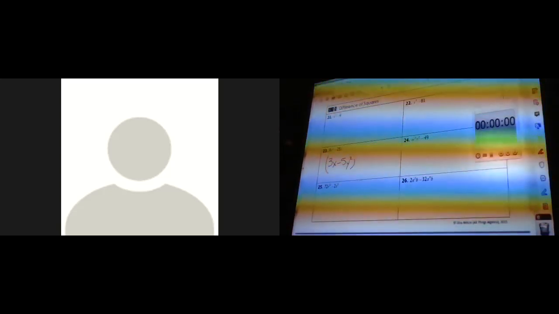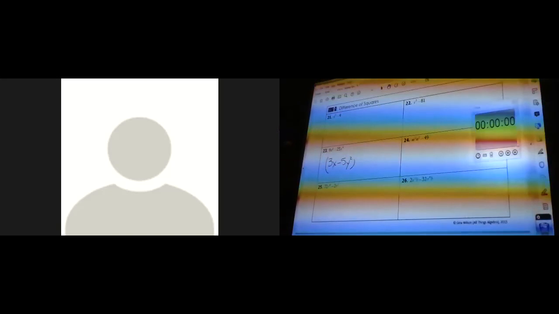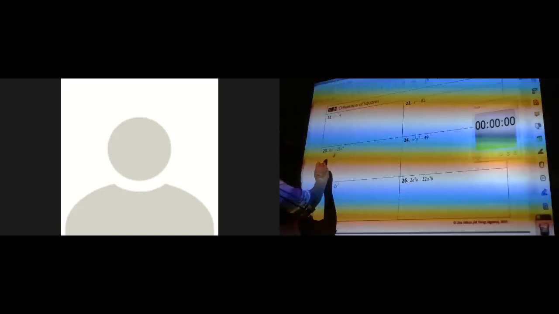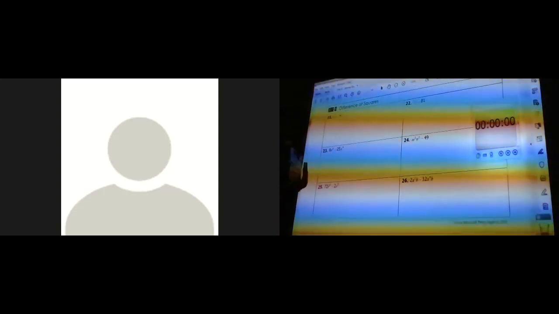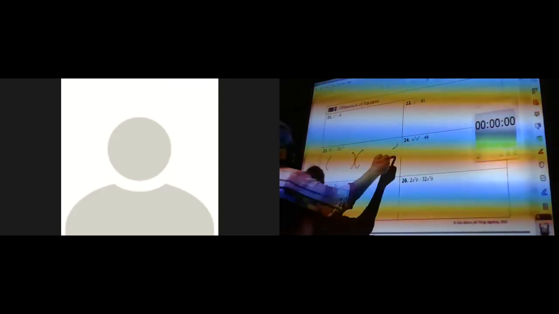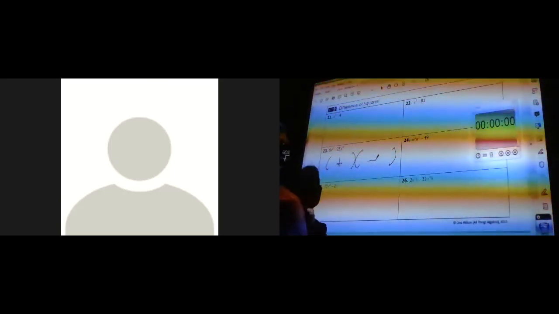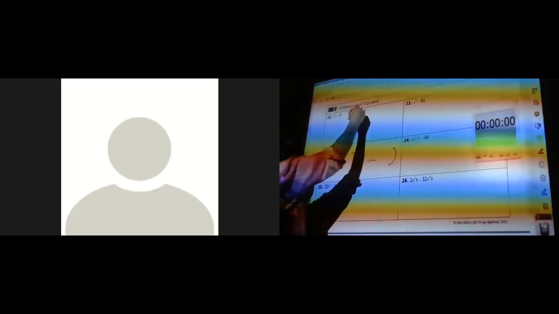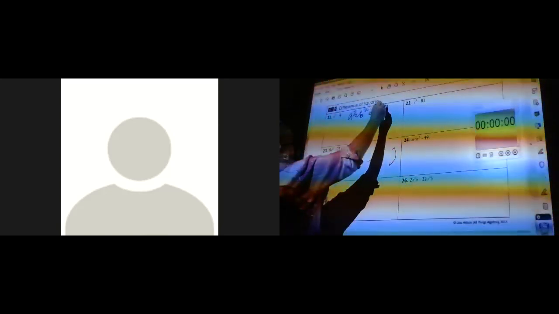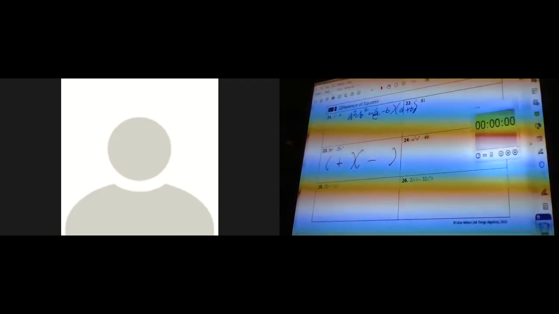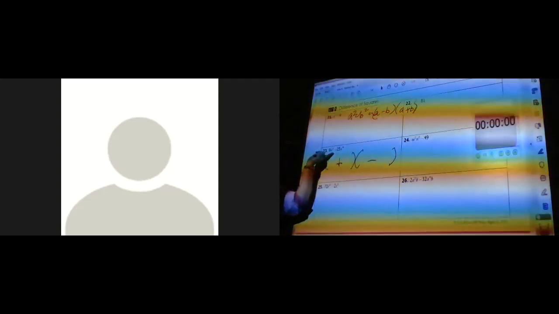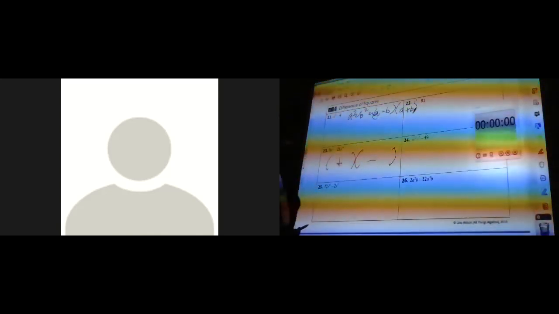Okay, so when we see that we do not have a B, we automatically should know that there's going to be a positive and a negative. And remember, it's A squared minus B squared is equal to A minus B times A plus B. So what is the square root of 9x squared? 3x.